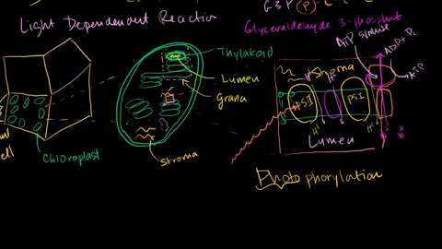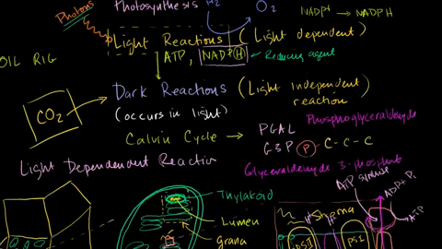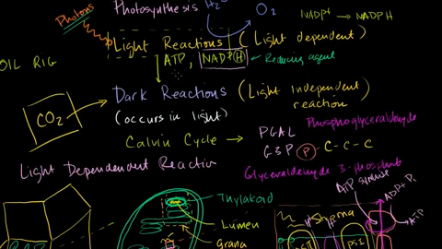Now, when I originally talked about the light reactions and the dark reactions, I said the light reactions have two byproducts. It has ATP, and it also has NADPH. Actually, it has three. NADP is reduced. It gains these electrons and these hydrogens. So where does that show up?